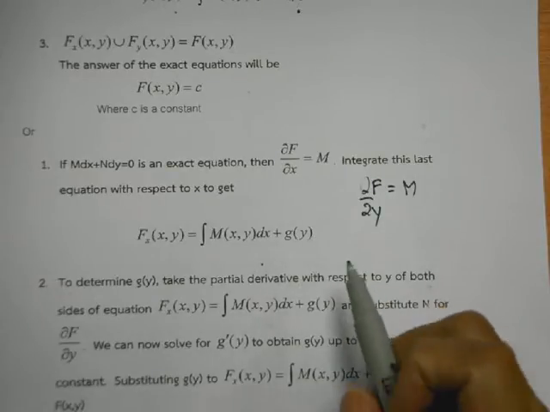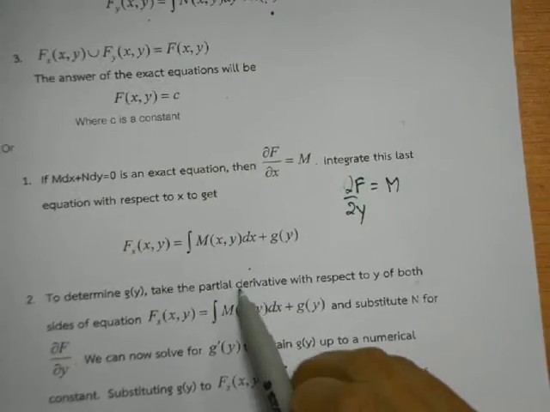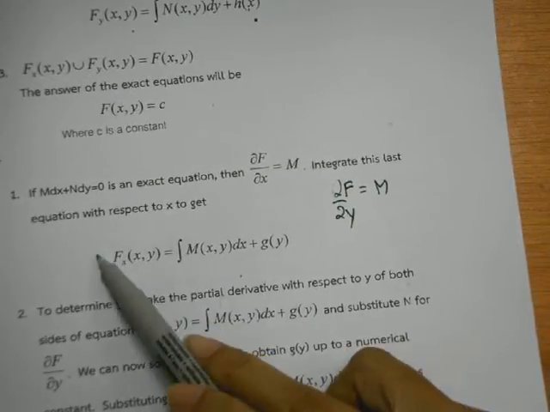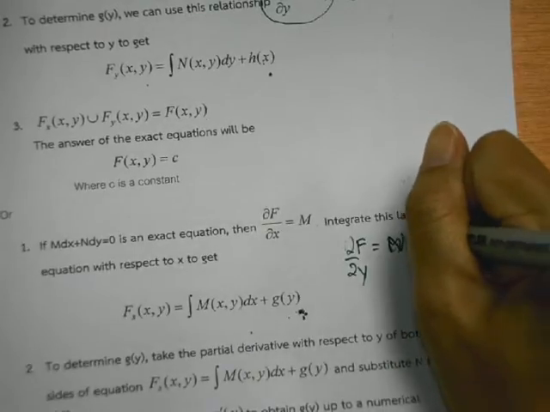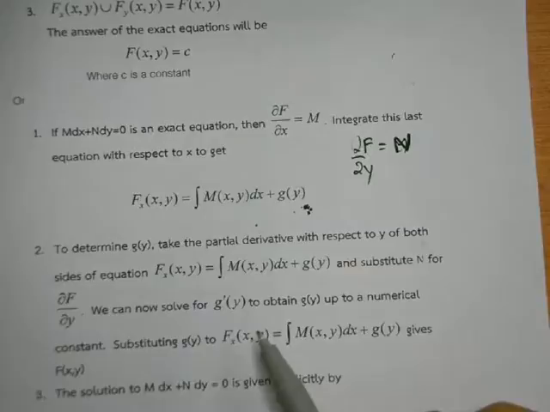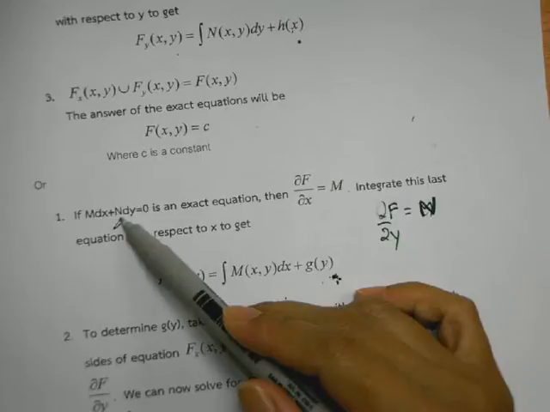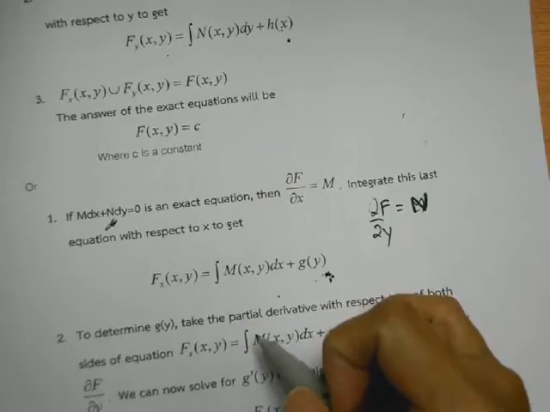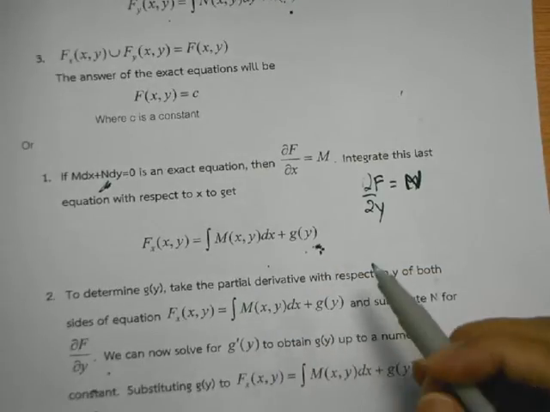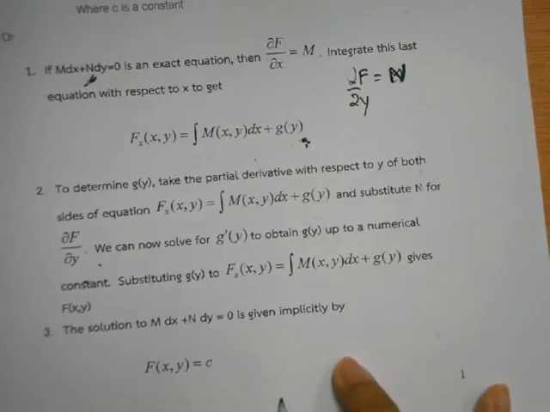And then you take the partial derivative of this one by y. Sorry, this is N. You make it equal to df by dy, which is the N up here. And then by that you can integrate and get the term g(y), and you would end up with the final answer f(x,y) equal to c.